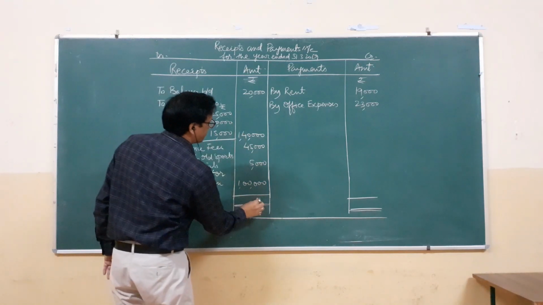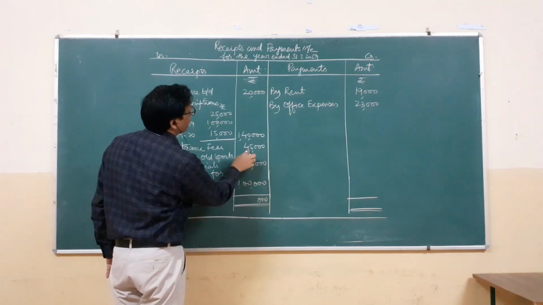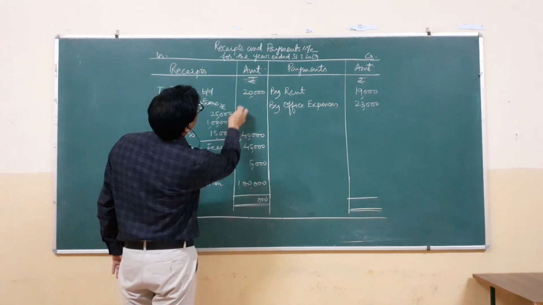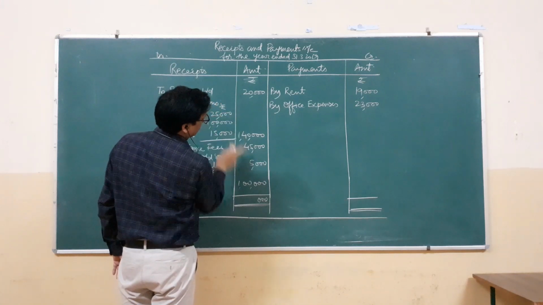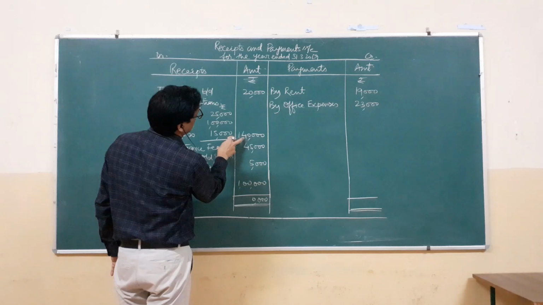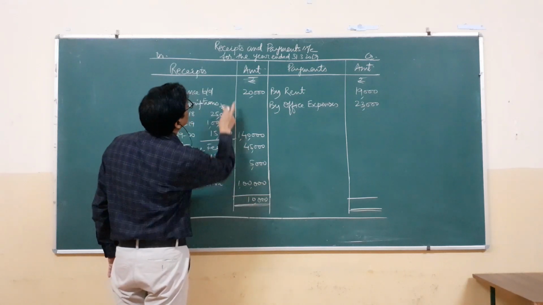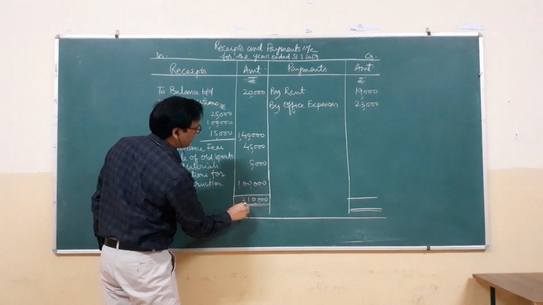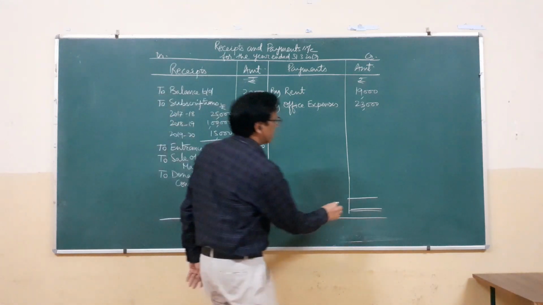So it is 5, 5, 10, then 3, 7, 11, 2, 3. 310,000 is the total.